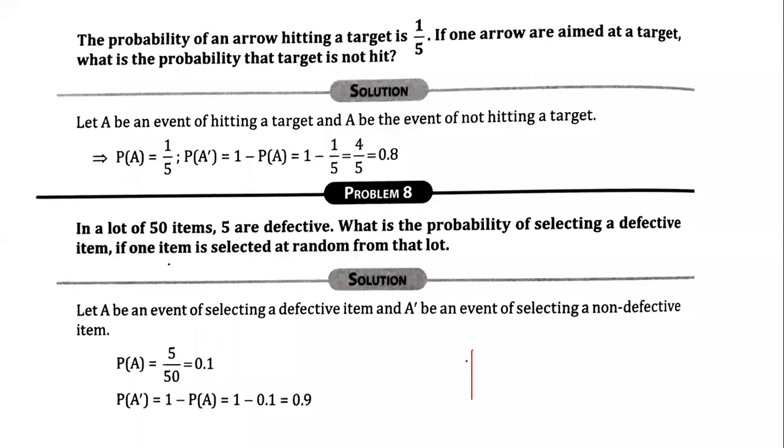Now let us say this is a lot of 50 items. Out of this there are 5 defective pieces. Now what they are saying is, what is the probability of selecting this only? What is the probability of selecting this if I am randomly taking one of them?